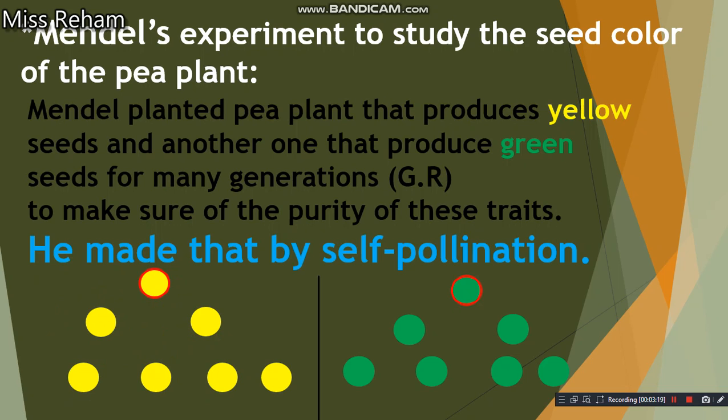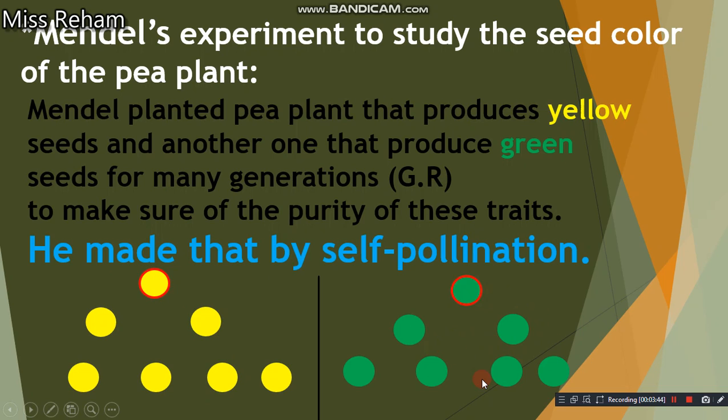Why did he conclude that the yellow seeds is a pure trait? Because during planting the yellow seeds produces a generation with yellow seeds generation after generation.